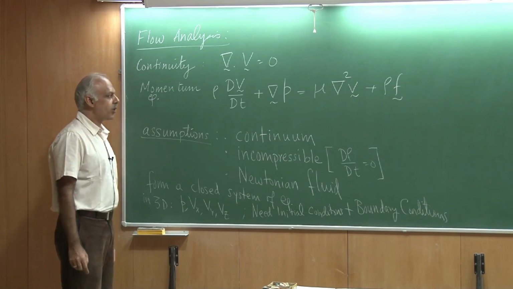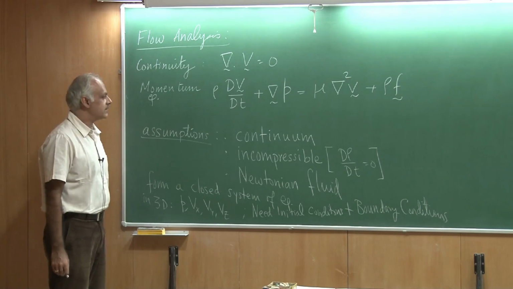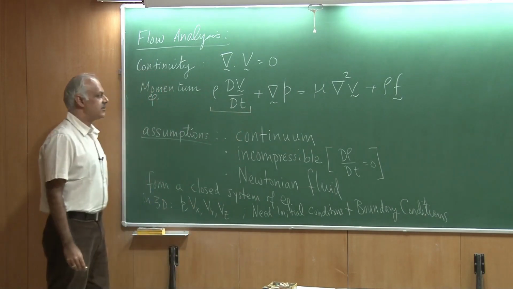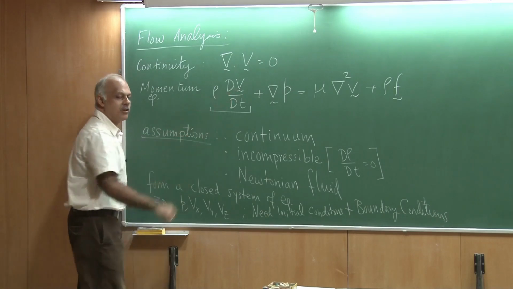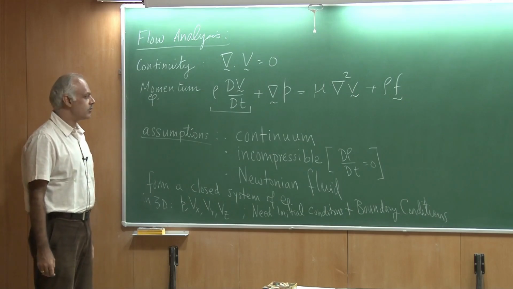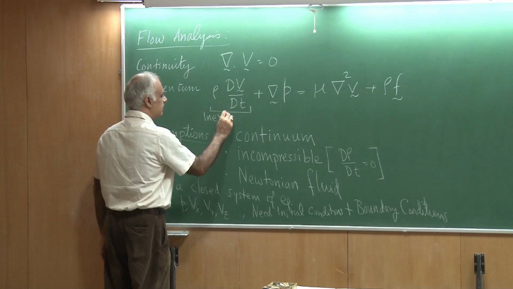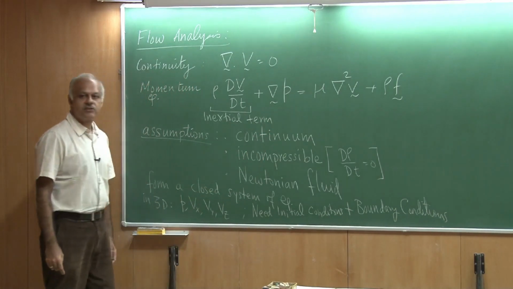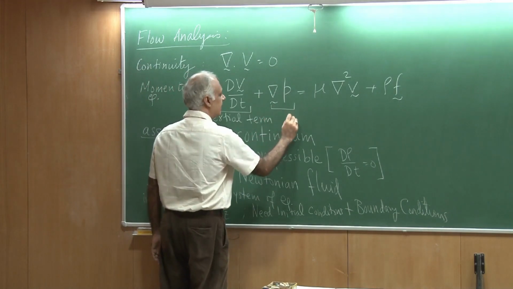But first I want to point out a few properties or a few attributes of this system of equations. This term here, as you are aware, arises because of the material rate of change of velocity. So it's the acceleration of a fluid element. We often call this the inertial term. It is related to the inertia of a fluid element. This here is a pressure gradient term.